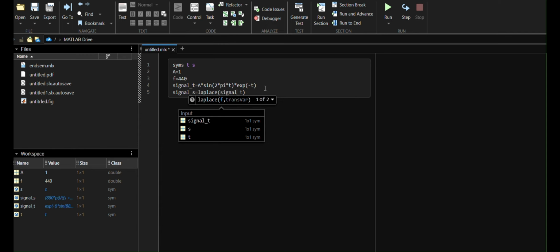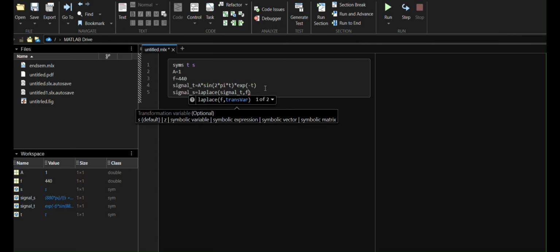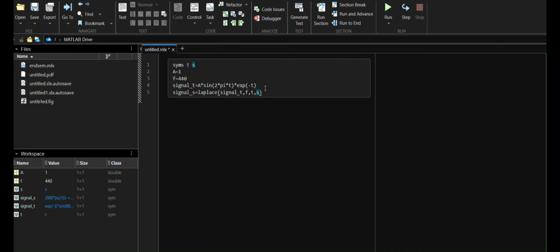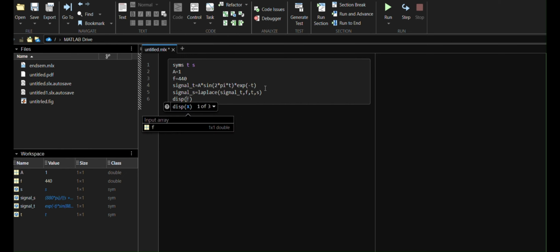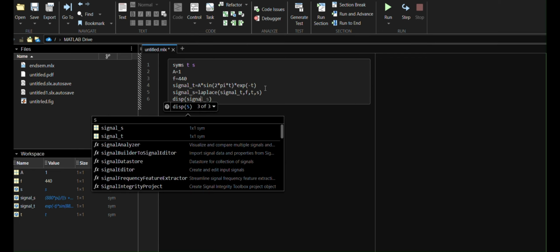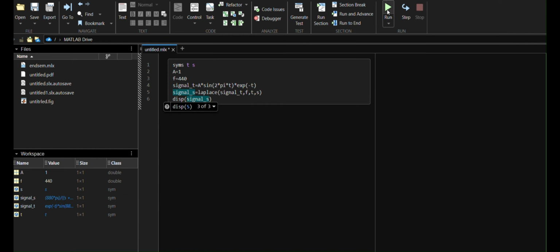First let's write the function: signal of t, which is already mentioned, comma, frequency up to 440 level, comma, then time. Then it is converted into the S domain. It's simple. Now display the signal.